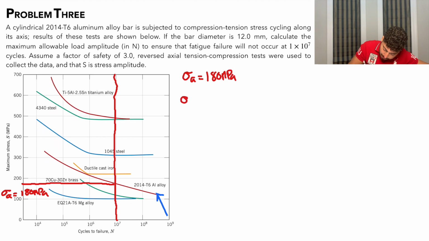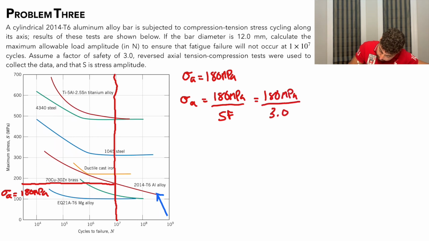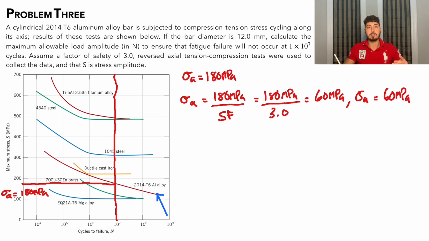So our stress amplitude is equal to 180 megapascals divided by 3, and that's going to yield a value of 60 megapascals. So we can now say that our stress amplitude is equal to 60 megapascals in order for failure not to occur at this given fatigue life.